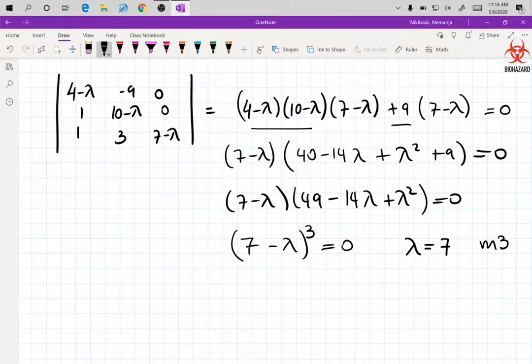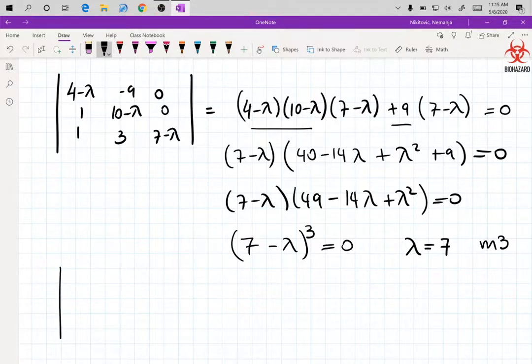Now there are multiple ways of dealing with these repeated eigenvectors and eigenvalues. Depends which way you want to solve this. Let's do the lambda for the first. So our lambda is 7, right?